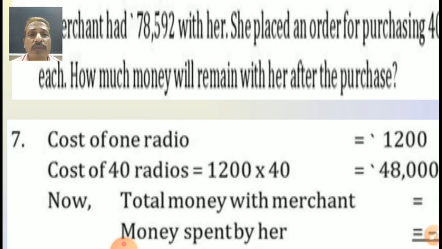So, how many rupees does the merchant have? Yes, this much amount she had. Now out of that, she purchased radio sets worth 48,000. So will it be a minus or plus? Yes, minus. Good.